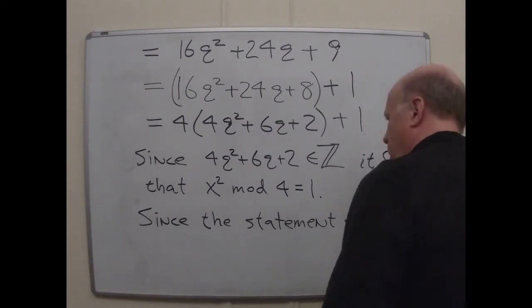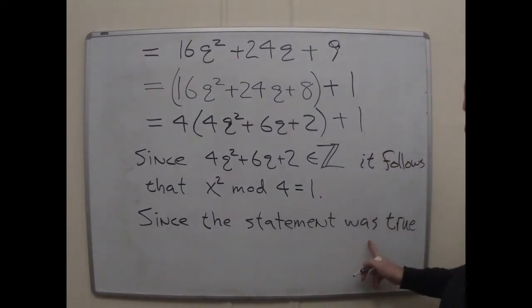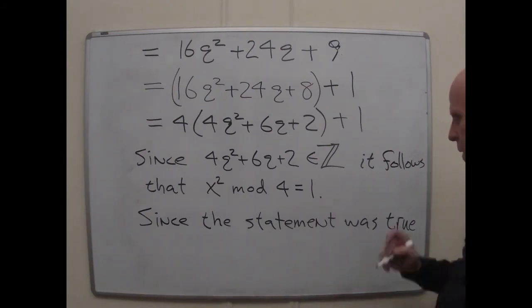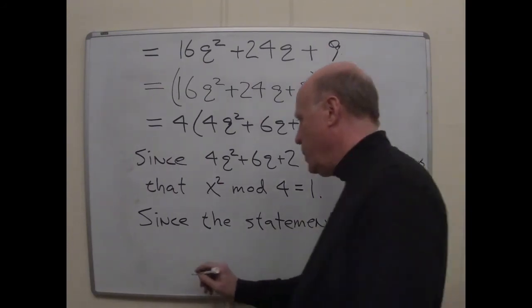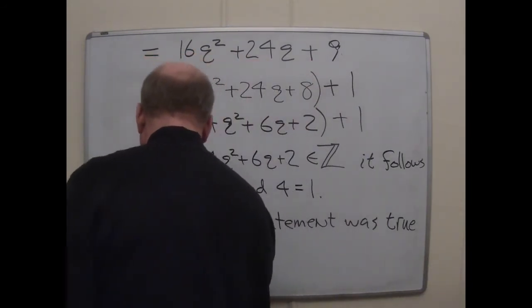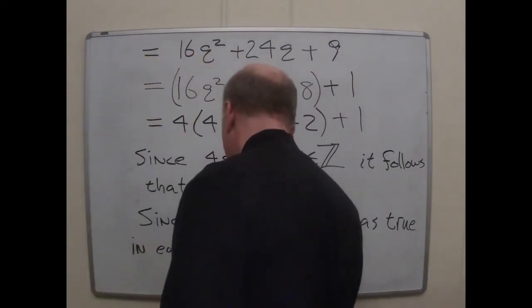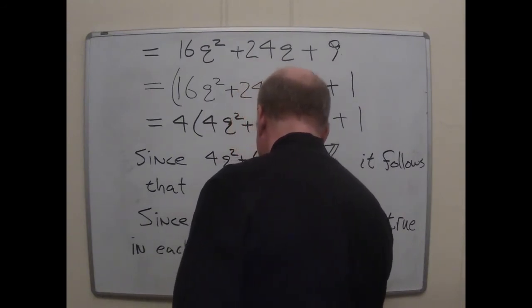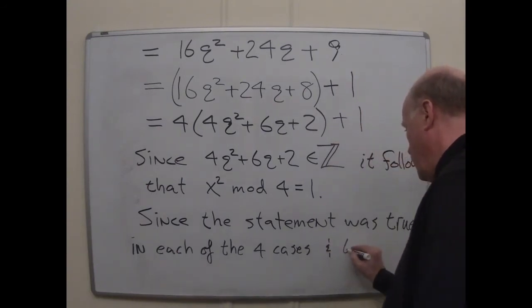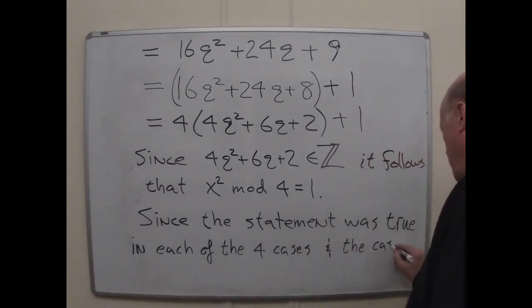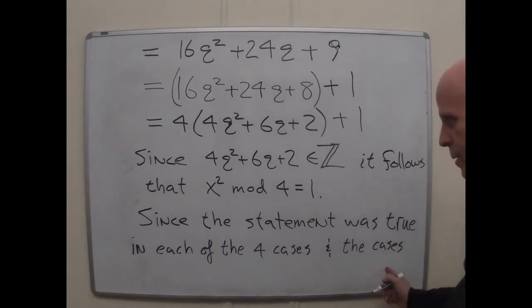I'll mention that if you're in more advanced work, you might not even put this final sentence in. The reader can figure that out for themselves, but I kind of like to cap things off like this myself. Since the statement was true in each of the 4 cases, and also the cases are exhaustive, which just is a way to say that there's no other possibilities. Your values mod 4 are one of those 4 numbers we talked about, 0, 1, 2, or 3.